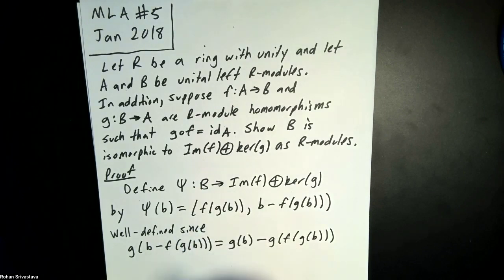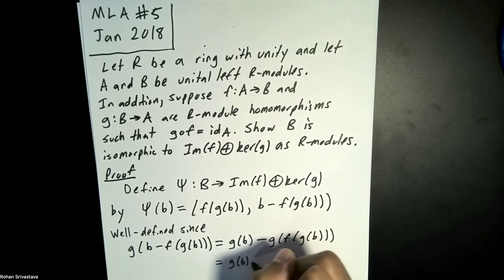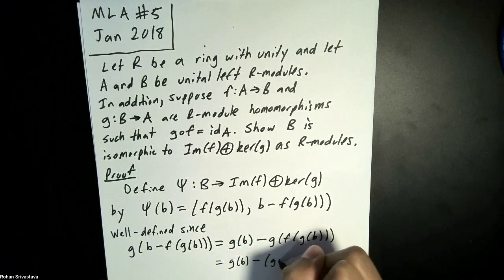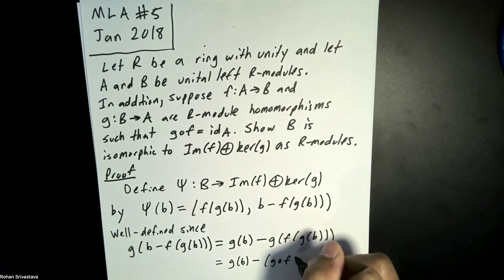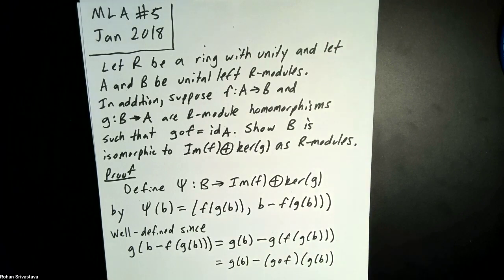And so now this is G of b minus, function composition is associative, G composed with F of G of b. But remember that by hypothesis, G composed with F is the identity map on A. And so this just becomes G of b minus G of b, which is 0.